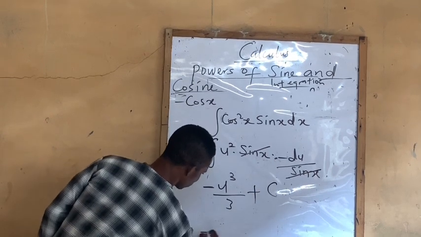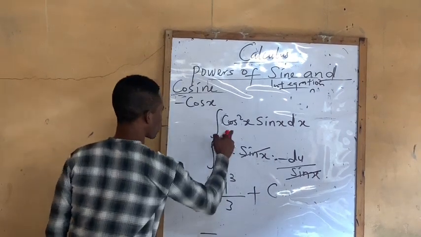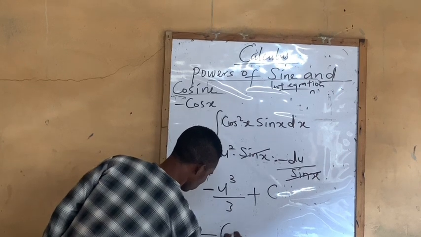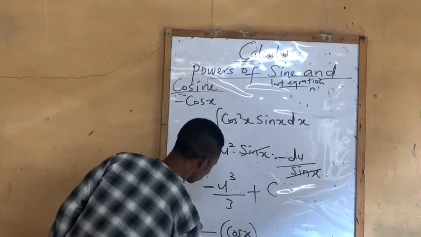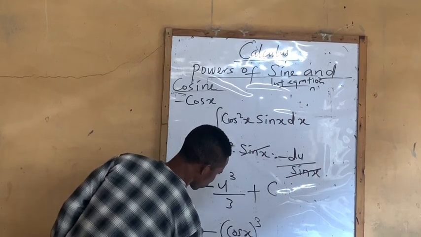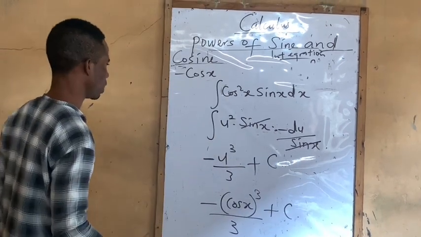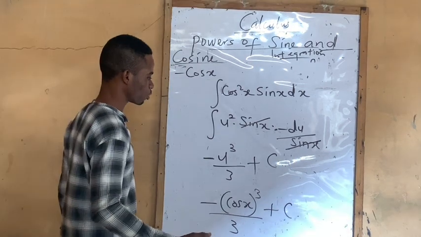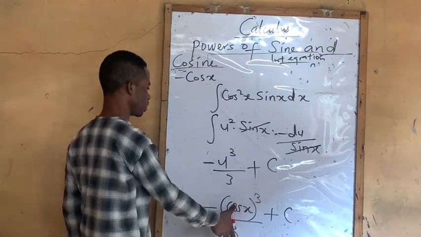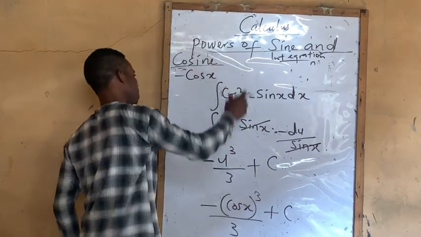I will need to substitute for u, plus c. The u is cos x. That is open bracket cos x raised to power 3 all over 3 plus c. But don't forget, these are two things. Before I even write plus c, I need to bring this to join with this.